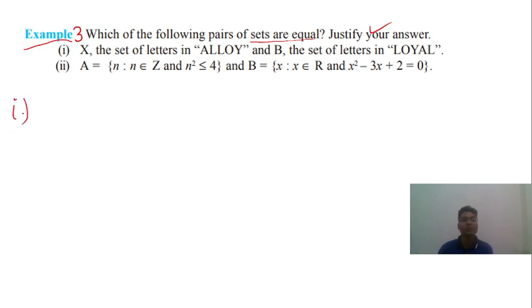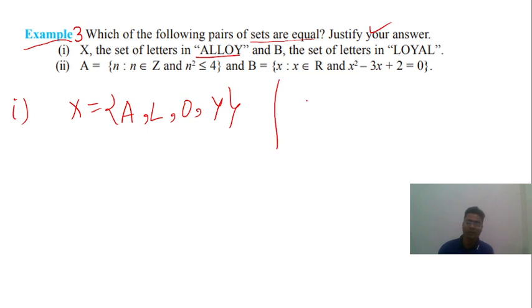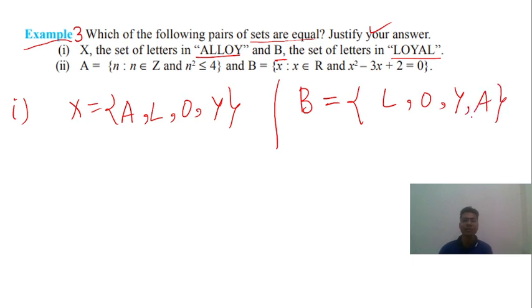So we are going to solve. Okay, the X is a set, collection of all the letters of alloy. So we write A, we write L, we write O, we write Y. It has 4 elements. Now B is a set which contains the letters of this set. Okay, we write L, we write O, we write A, Y, and we write A. So they are saying are X and B equal or not.